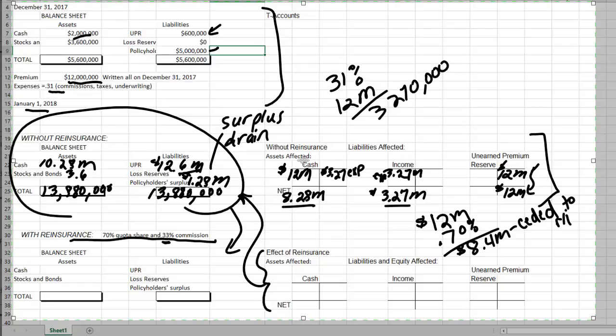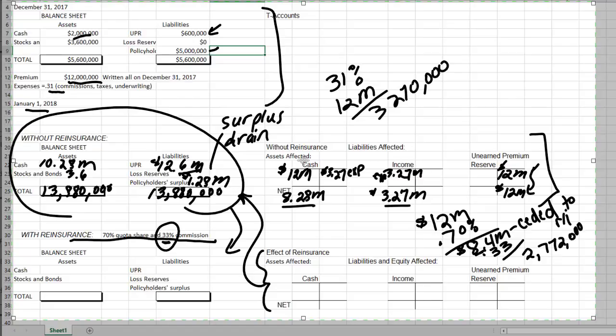And let's go ahead and calculate our ceding commission. The ceding commission is the 33% as a percentage of the ceded premium. And so that is $2,772,000. So now let's bring this down to our T accounts. So we ceded $8.4 million, and because that's ceded, that is us purchasing reinsurance from the reinsurer.